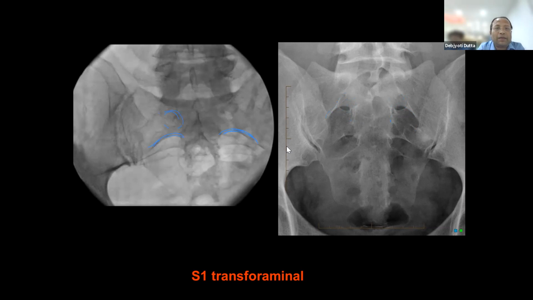and the posterior foramen is much above. Then we will make our C-arm a bit oblique so that this foramen comes over this one, and we will get this picture.